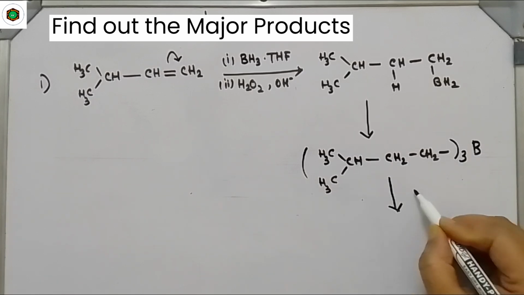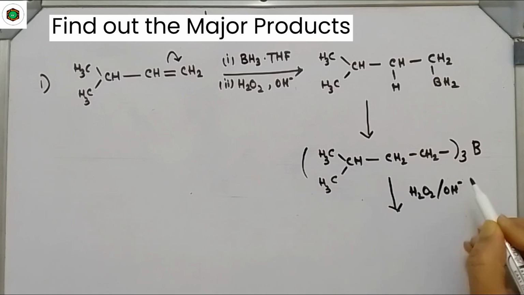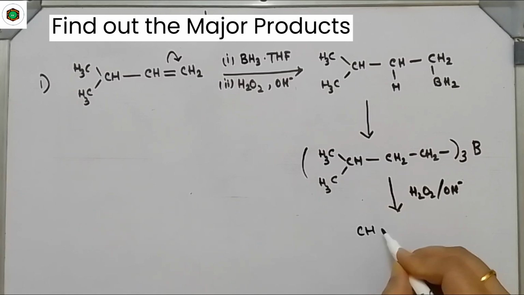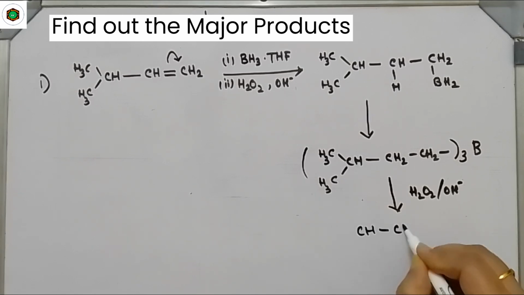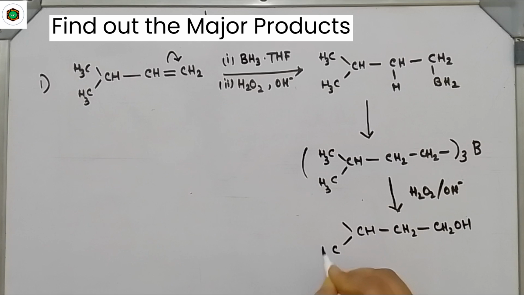Now if you are treating this with H2O2, OH minus, so here OH will come and we will get this product. Here you can write on the arrow 2 molecules of this, I am not showing.